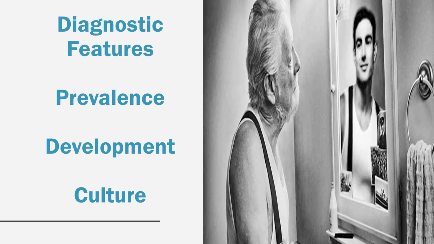So lifetime prevalence, this is fascinating. Delusional disorder is approximately 0.2%, with the most common being persecution. Additionally, the jealous type is more common in males than in females. So delusional disorder itself happens in less than 1% of the population, and the most common is persecution.